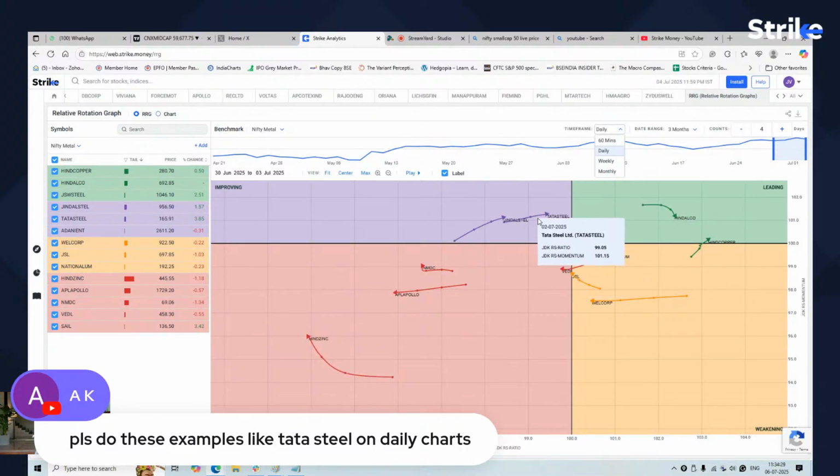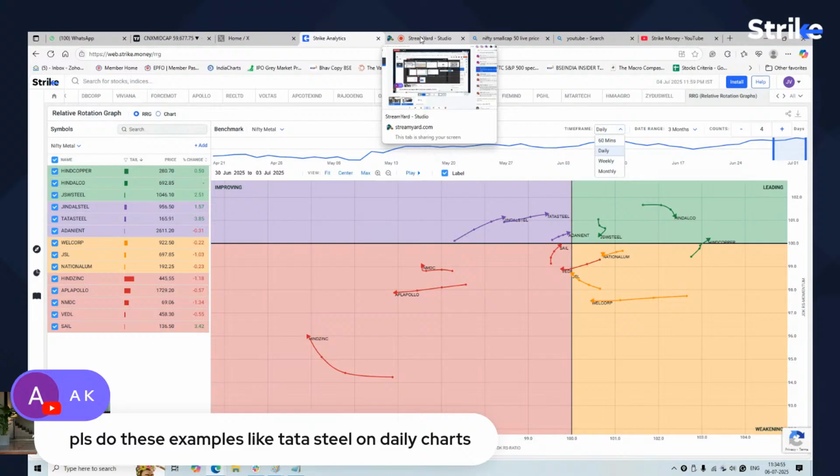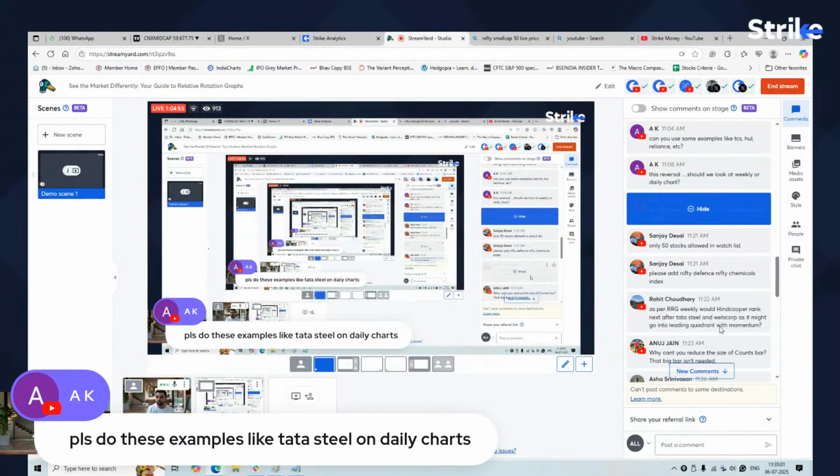Ideally, the better thing would have been if Tata Steel was moving towards the north east side, so that it would mean that even the momentum is rising higher. The momentum is rising, but at a very slow pace. But nevertheless, because the weekly is also good and it is turning around, and Tata Steel is also moving towards the right, maybe we can end up seeing some good move over there.